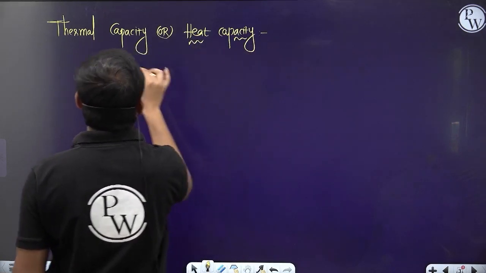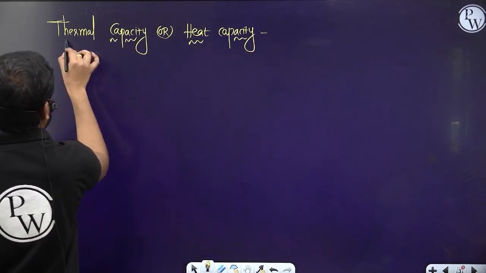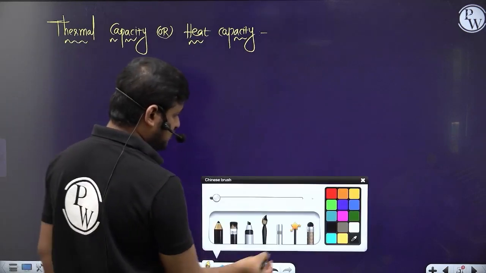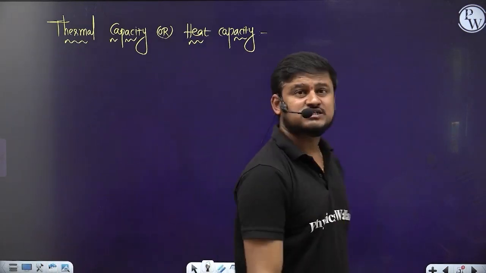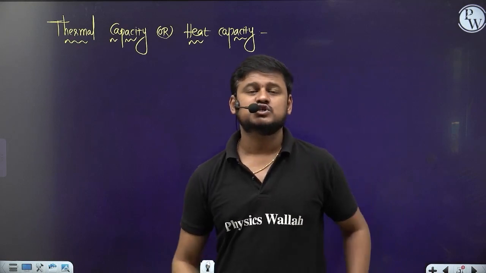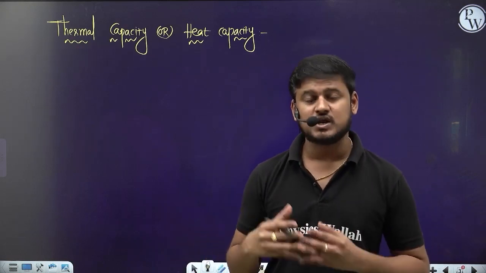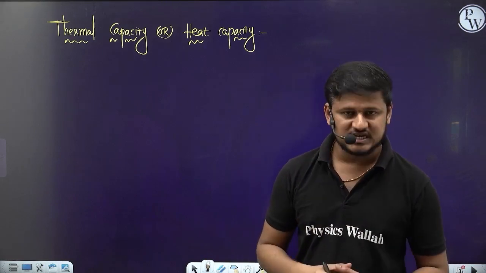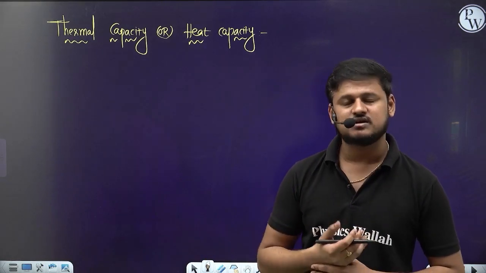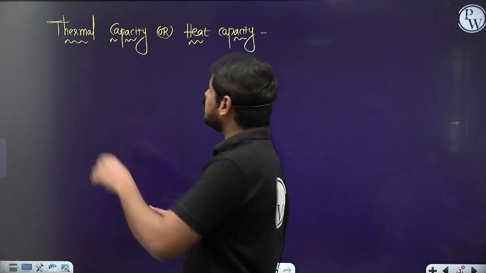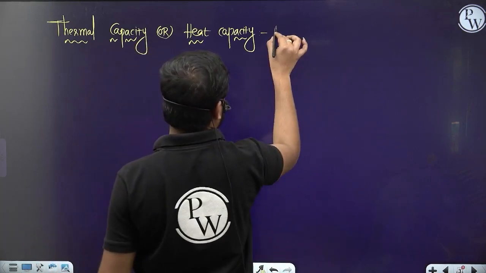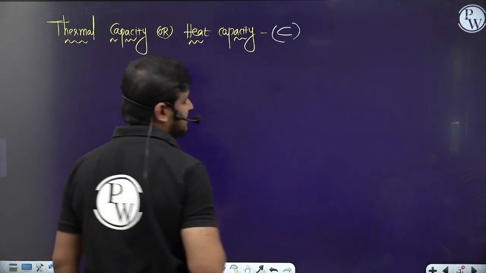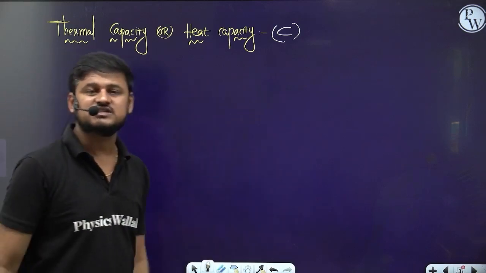In the last class we have seen what is specific heat capacity, right? It's the amount of heat required to raise a unit mass of a body by unit degree centigrade. Here the thermal capacity or the heat capacity is denoted with capital C. Specific heat capacity is denoted with small c.